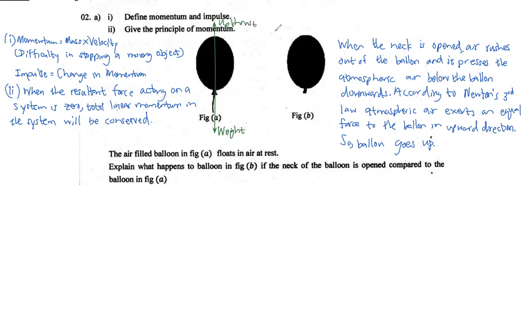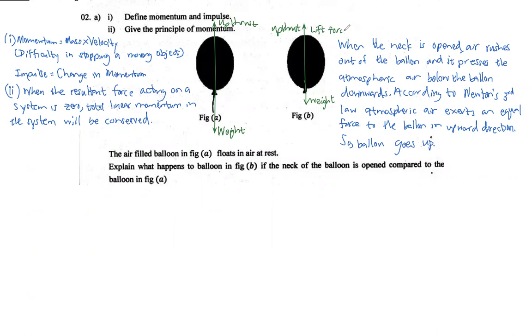It's floating in air. Weight is there, but upwards, how many forces will there be now? Upwards there will be two forces: upthrust, and at the same time a lift force by air. Both will be acting. And how did the balloon get the lift force?